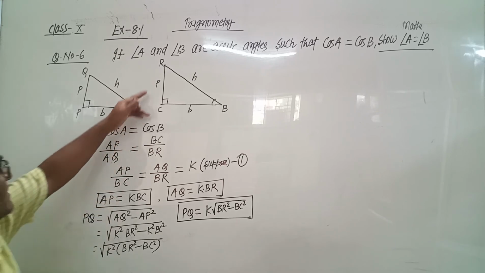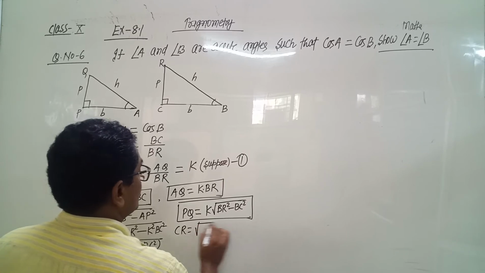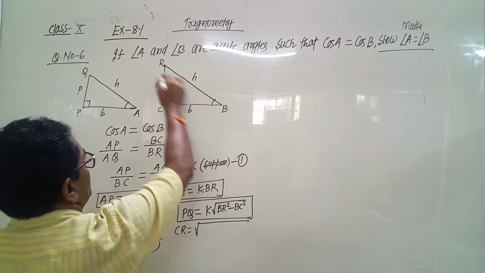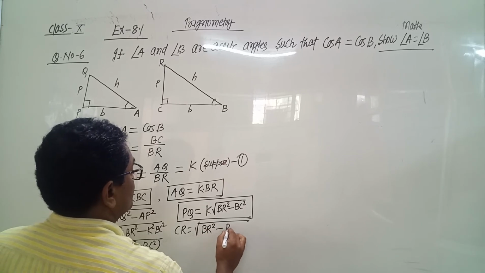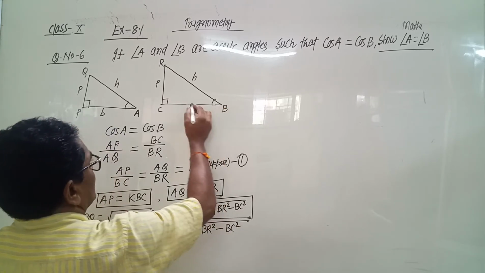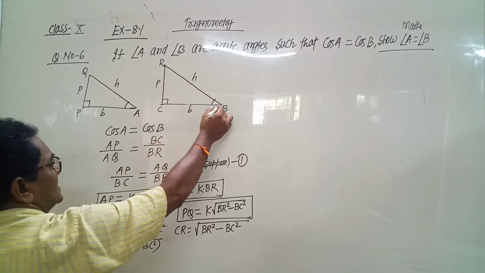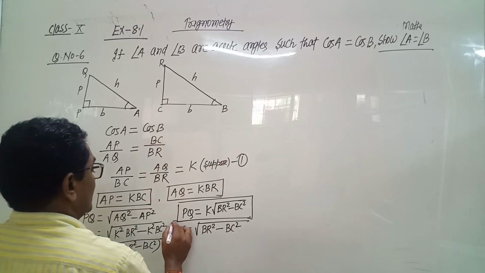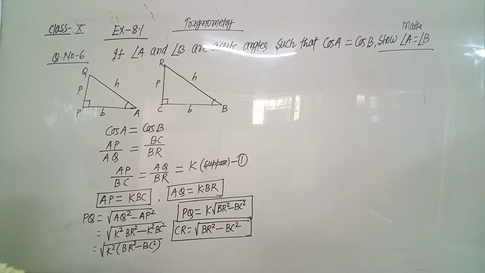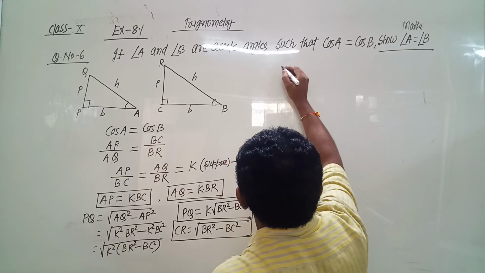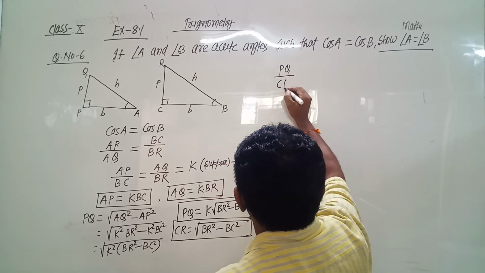Now we find the value of CR. CR is written as under root of BR square minus BC square, that is, under root of hypotenuse square minus base square. Now we find the ratio PQ upon CR.